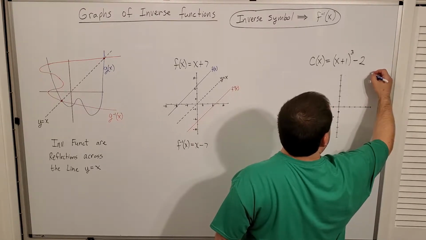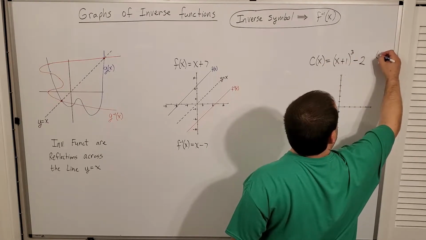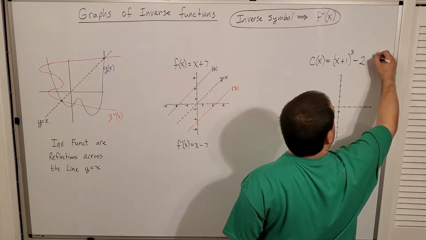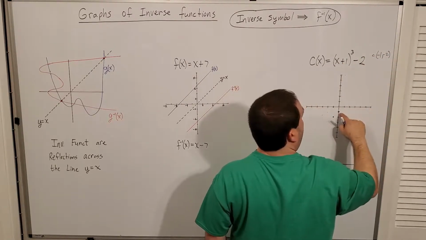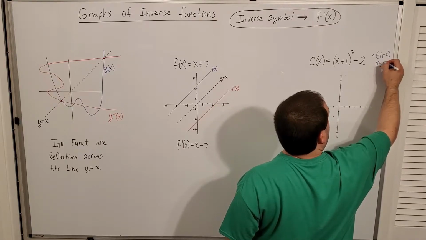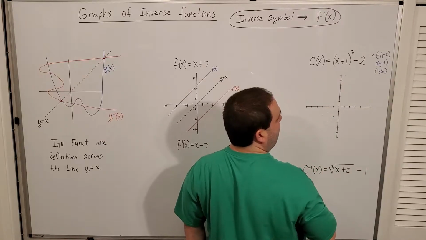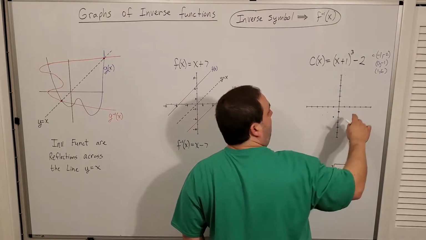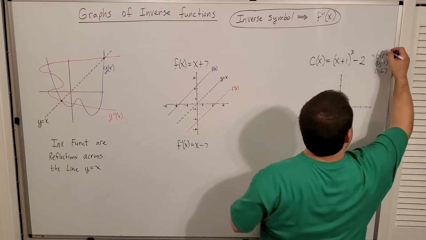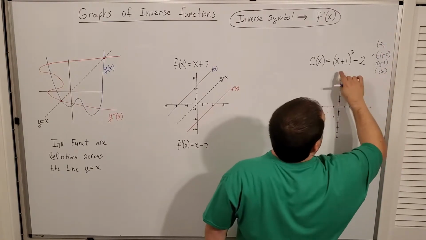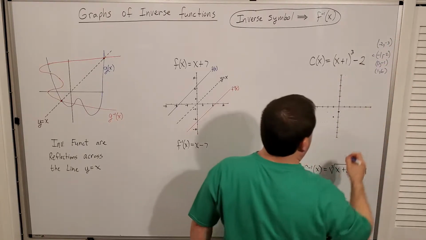Here, let's make a list of points. For c of x, we have the center point at negative 1, negative 2. That's the center. Okay? And then I also calculated the point 0, negative 1, and 1, 6, like so. Okay, and then also, oh yeah, one more. I did negative 2 and negative 3.